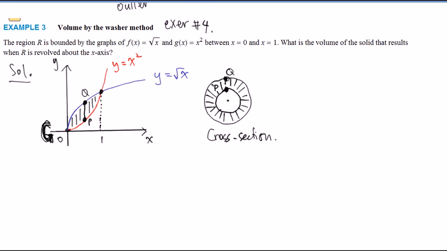So I sketched the region in between these two curves, between 0 and 1, which happen to be exactly the intersection points. So there's no truncated side at the left end and right end. It just closes up nicely, right? If you rotate it, you can imagine the shape, but that doesn't really help you compute the volume. Always think about the cross section. How does the cross section look? You look at this vertical segment.